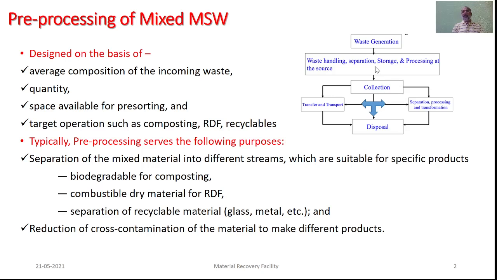As the waste is collected from the secondary storage, it has to be moved to the transfer station or the processing facility or disposal station, whatever may be the place where we wish to have that waste transported to. To some extent, usually we go for pre-processing of intermingled municipal solid waste.